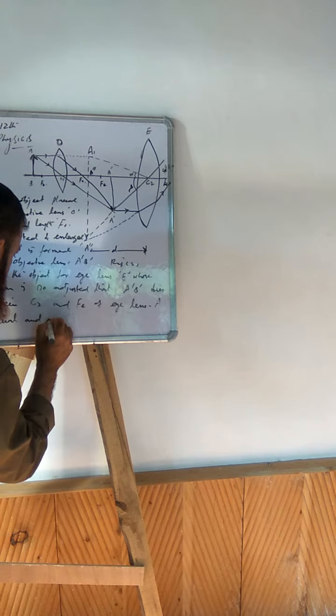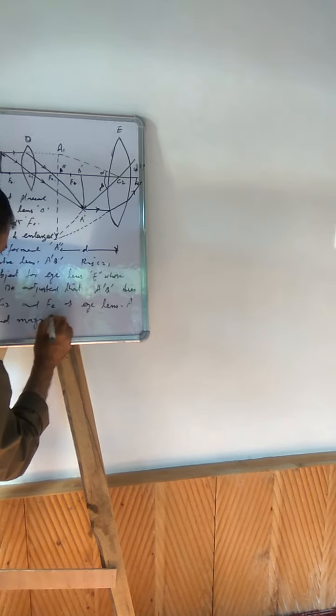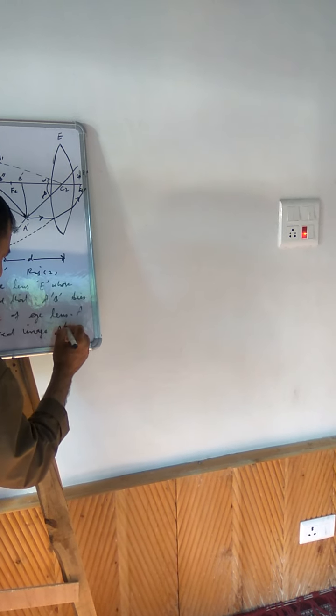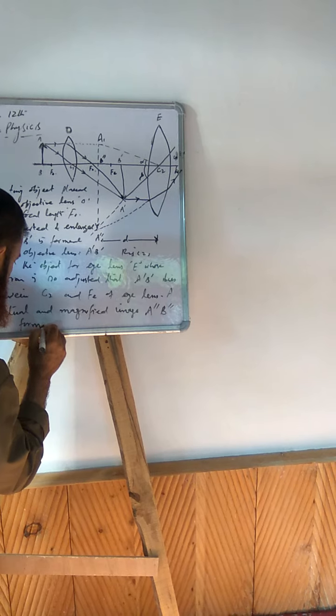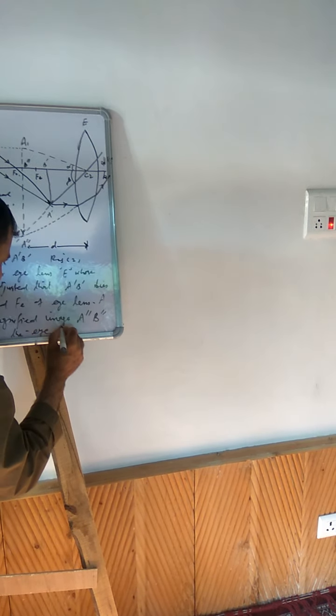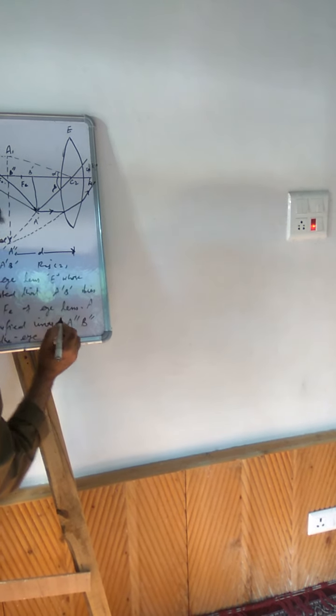A virtual and magnified image A double dash B double dash is formed by the eye lens.